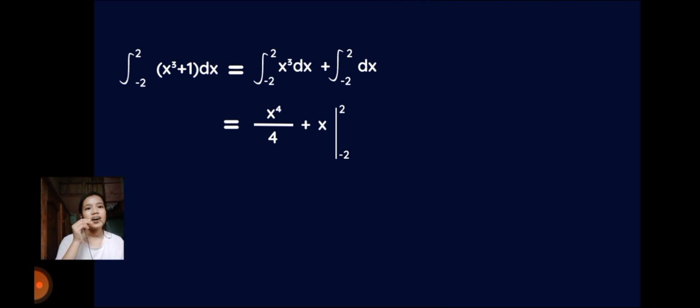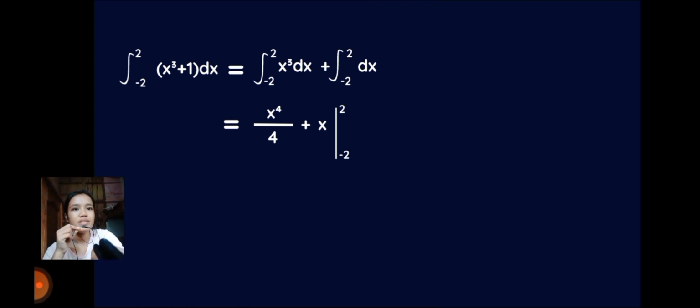So the power rule of x cubed is x raised to 4 over 4 and the power rule of antiderivative of 1 is x. So from negative 2 to positive 2. So after that is same gihapon nga ang x i-replace nato into -2 and +2. Then proceed ta sa definite integral nga f of b minus f of a.